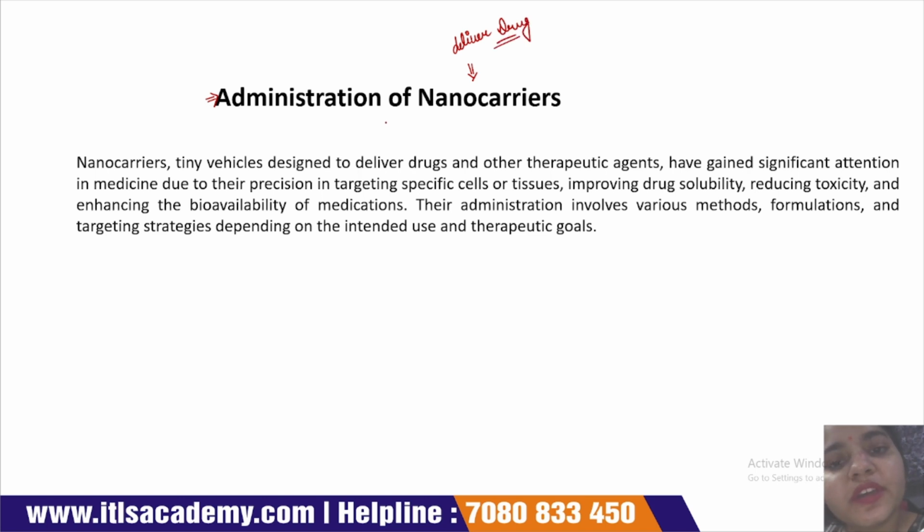Administration involves various methods, formulations, and targeting strategies that depend on the intended use and therapeutic goal.